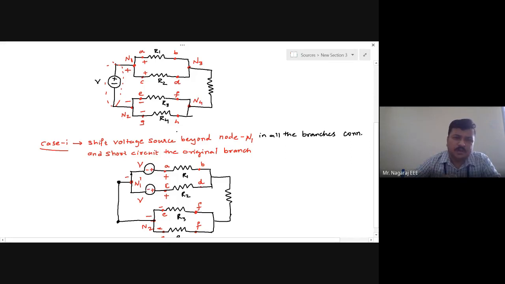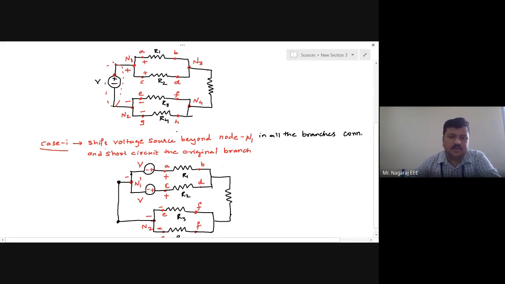Because whatever the potential is available at this terminal of the voltage source, the same potential is available at the node N1, because it is a simple wire with zero resistance assumed. So I have simply shifted this voltage source beyond the nodes. That's it. Okay, so this is how I have to shift the voltage source beyond the node.